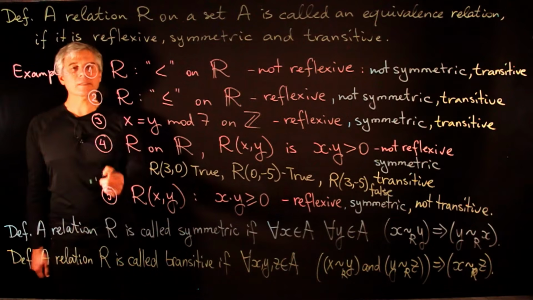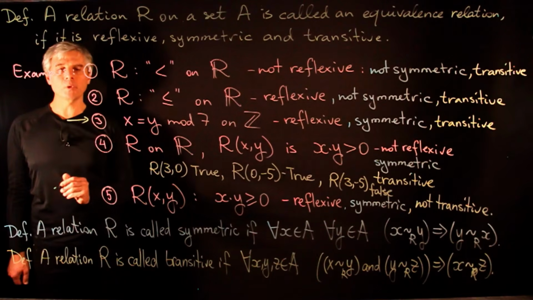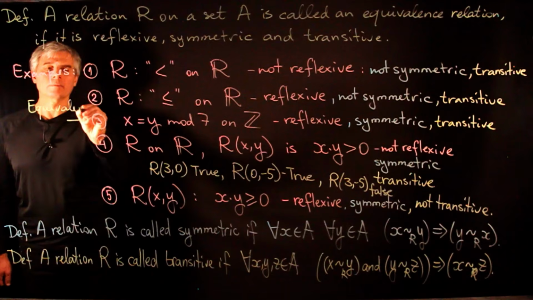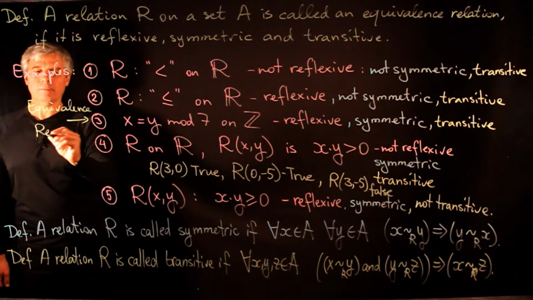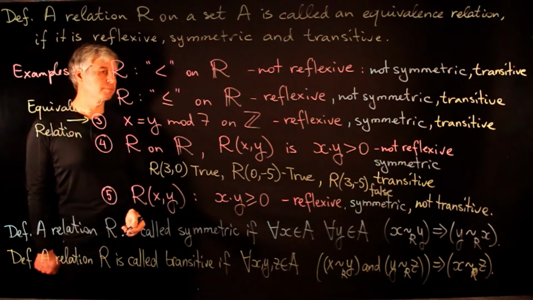So what we see is that among this list of relations, only this equality mod 7 is an equivalence relation. And other relations are not.